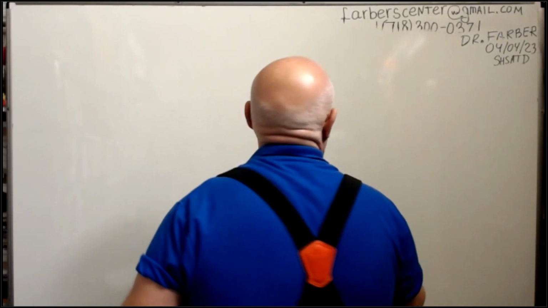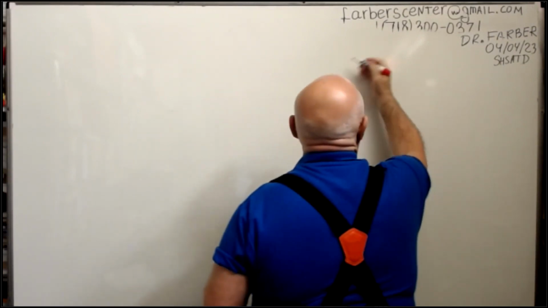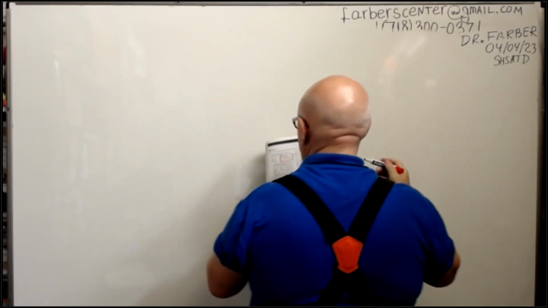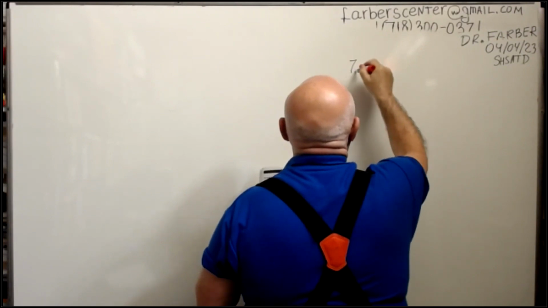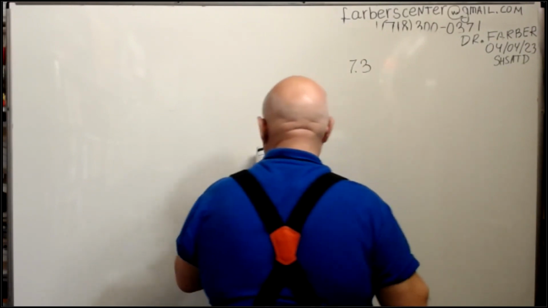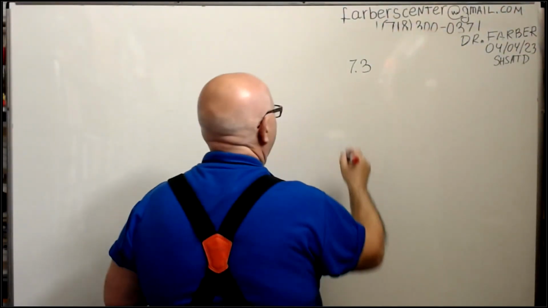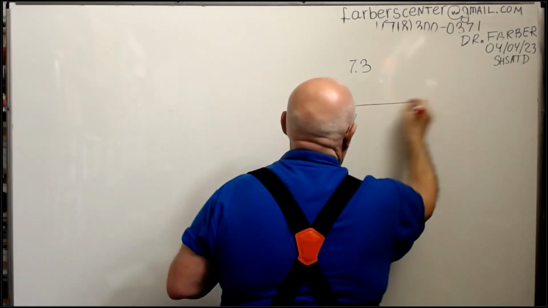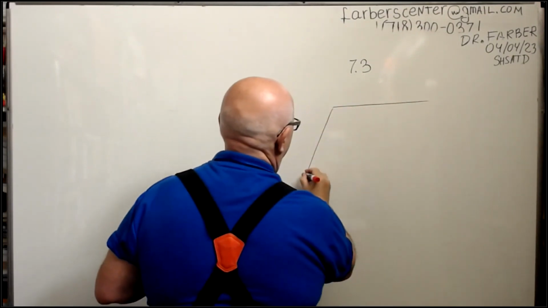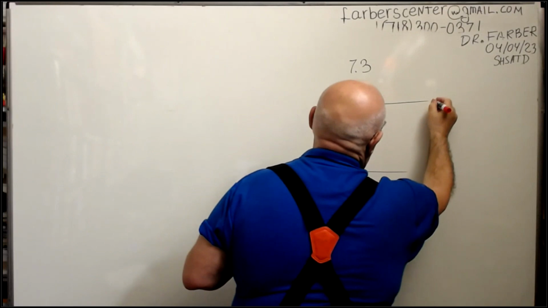So since the geometry step number 1, this exercise 7, number 3, make a picture. They said parallelogram. Make this parallelogram. In a parallelogram, opposite sides are parallel.